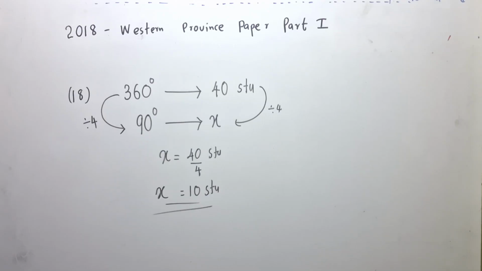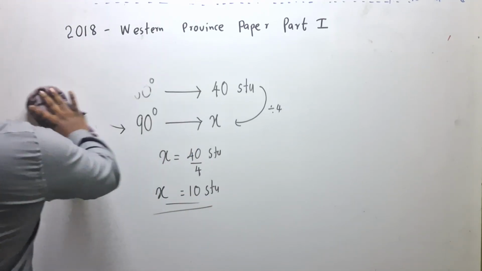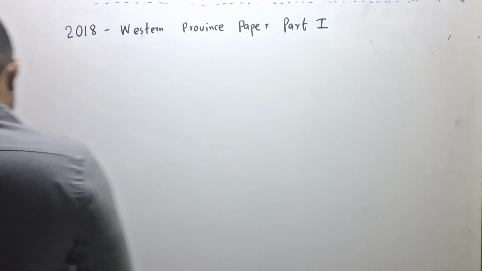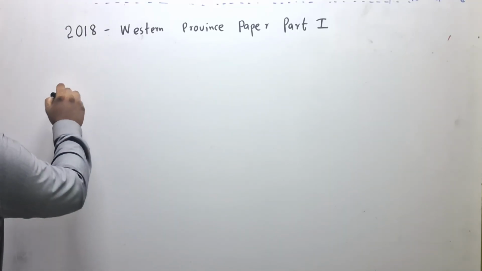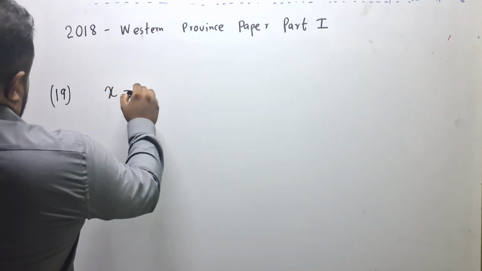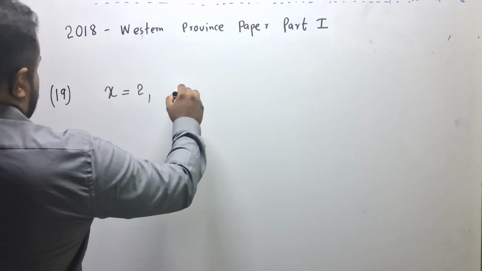Question 19. If x equals 2, find the value of y in x plus 2y equals 8. This is part of simultaneous equations. X equals 2 and they are asking about y.